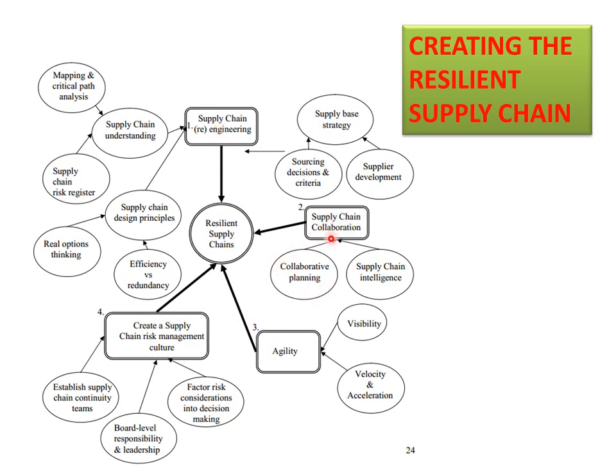We need to collaborate in the supply chain, so develop supply chain intelligence and cooperative planning. We maybe need agility so we can respond quickly and meet customer demands. And fourthly, we need to create a supply chain management culture. So even though the graphic looks complex, it gives us 4 areas that we can consider that will help make our supply chain more resilient.